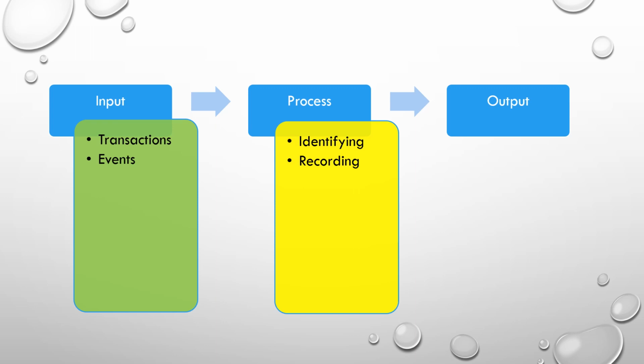Transactions and events that are recorded in the journals are then classified in a place called ledger. A ledger is a place where you maintain accounts. A ledger is a collection of ledger accounts. In the ledger, we have five types of accounts: asset account, liability account, income account, expense account, and equity account.